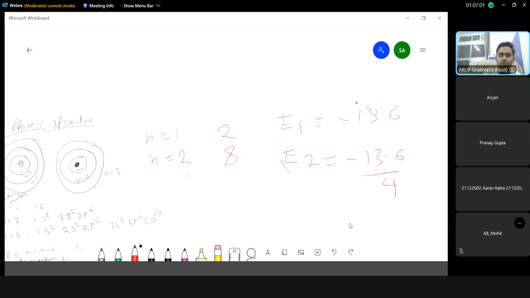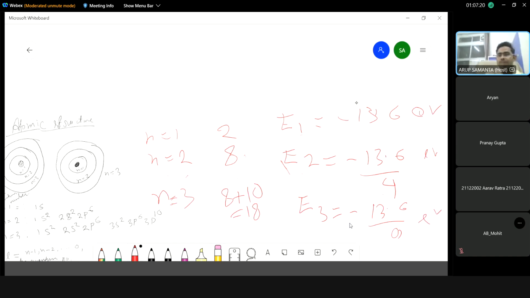For n equal to 3, it can accommodate 8 plus 10, that is 18 electrons. The E3 level is minus 13.6 electron volt divided by 9. This is the energy level.